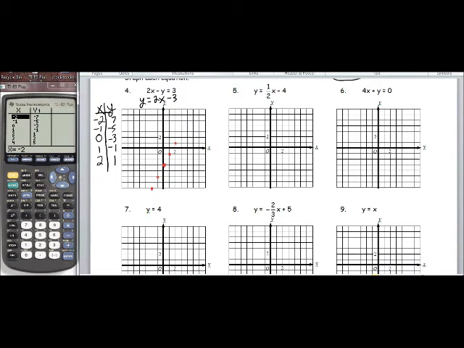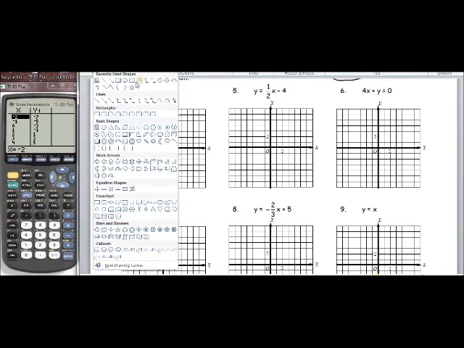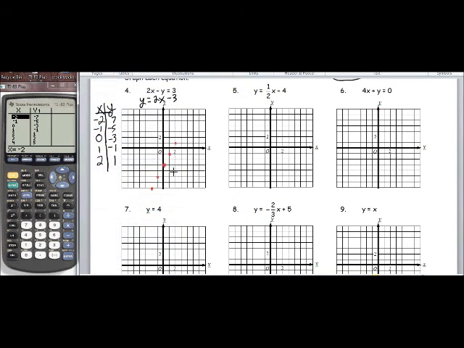So when you do that, you can draw your line, and remember, when you draw your line, it must have arrows on both sides, and it must, let me see if I can stretch that out for you, cross all the way from one side of the grid to the other side of the grid. Alright, that's what that looks like.